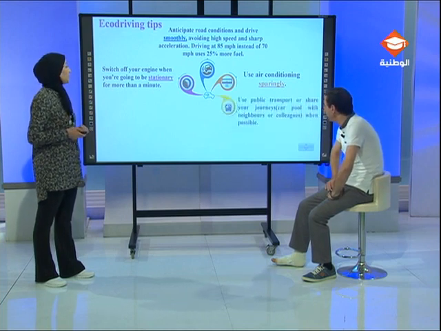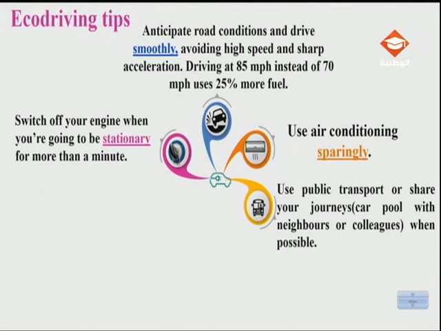Use public transport or share your journeys, that is carpooling with neighbors or colleagues when possible. And I added using bicycles, for example. Yes, if it is a short distance, you can walk or cycle. It's much better. Animals cause pollution themselves. If you are commuting to a faraway place, you can use public transport or carpooling, in turns, with a colleague or a neighbor.